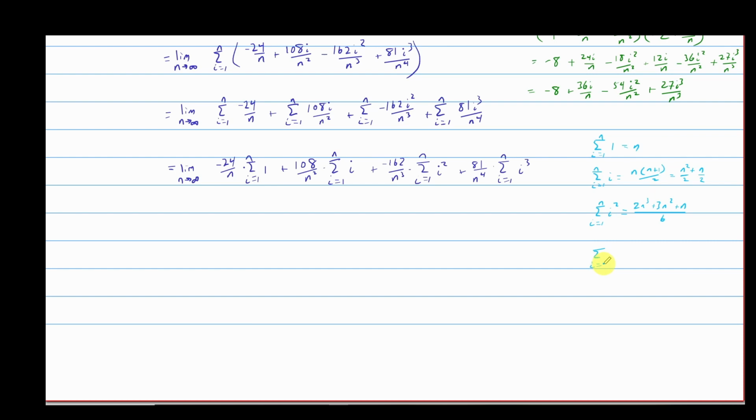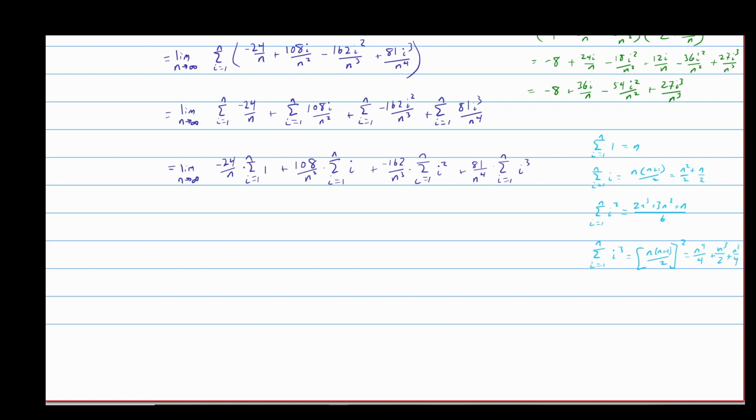And then finally the sum from 1 to n of i cubed, we said was n times n plus 1 over 2, and all of that is squared. So if I expand that out and then square it and simplify, I will get n to the fourth over 4 plus n cubed over 2 plus n squared over 4.